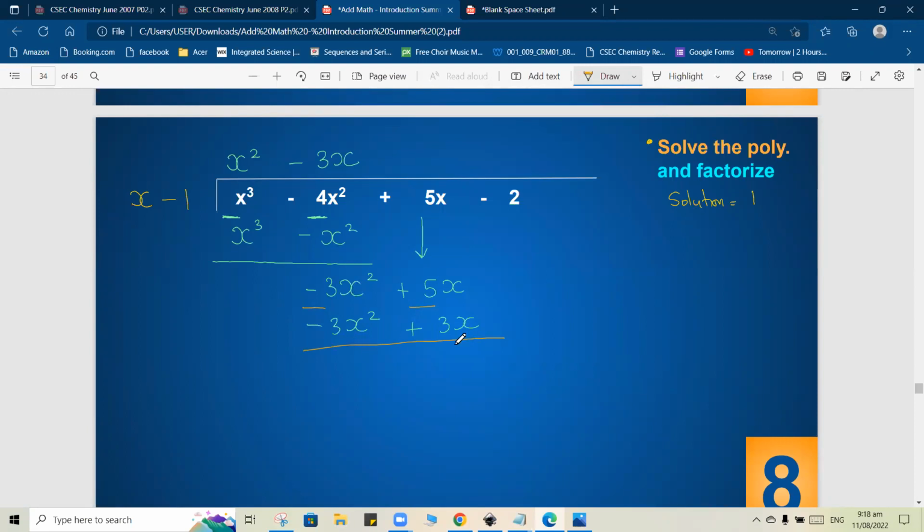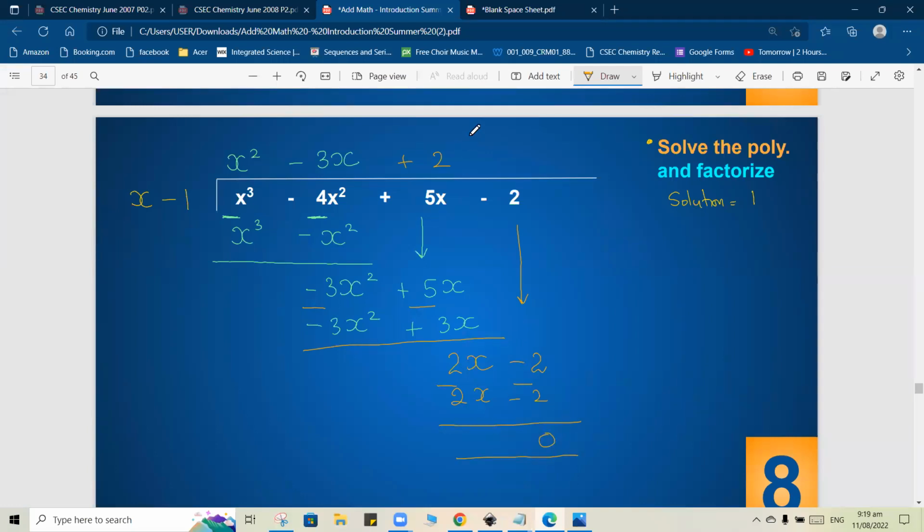Get 0 here, that's easy. We're supposed to get 2x here after minusing, and then minus 2 drops down here. X into this is positive 2. Multiply back both of them. Yep, and look at this. When we minus it, we're going to get 0 and 0.